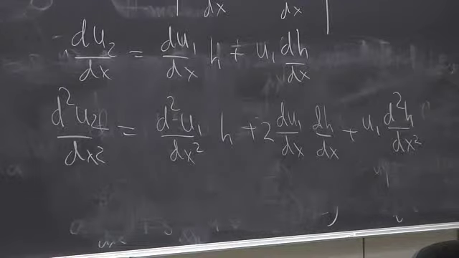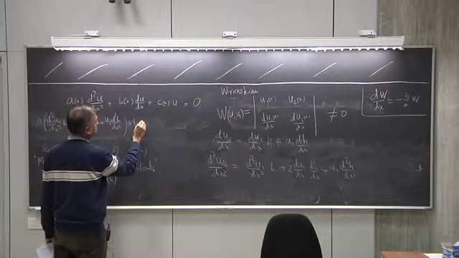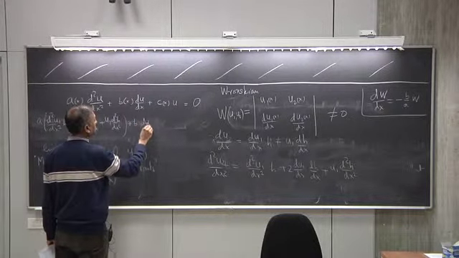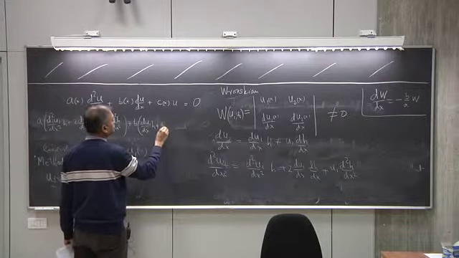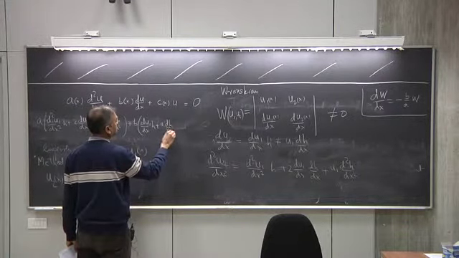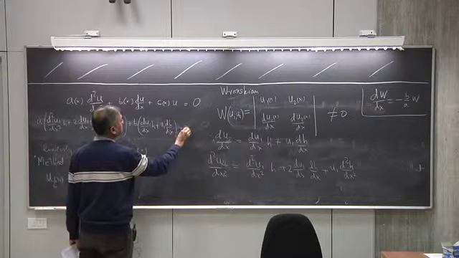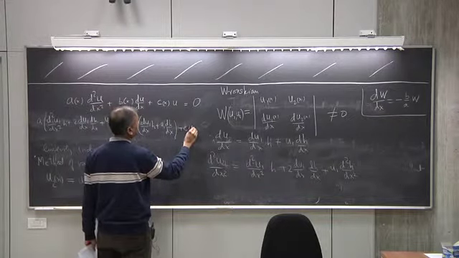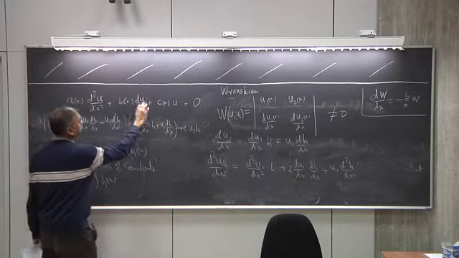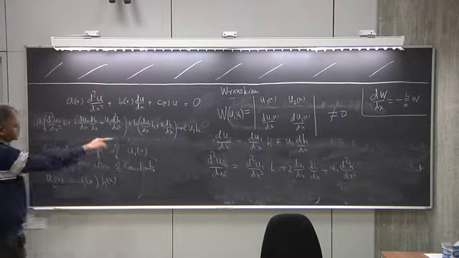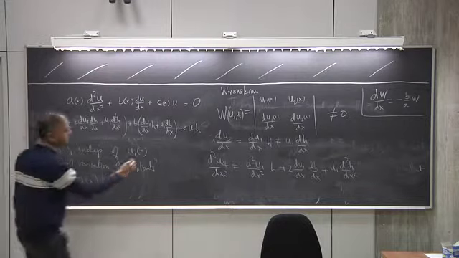The second term is plus b [du1/dx times h plus u1 times dh/dx] plus c times u1 times h. I just plug the u2 here, so I get this expression, and that's equal to 0. So this is the equation.